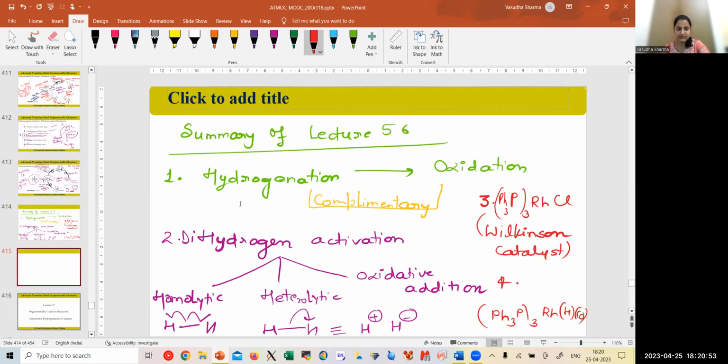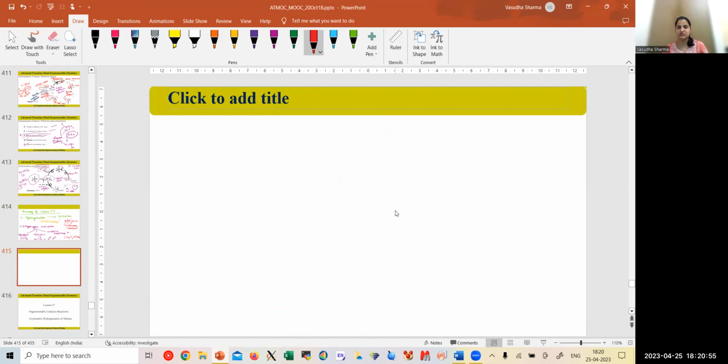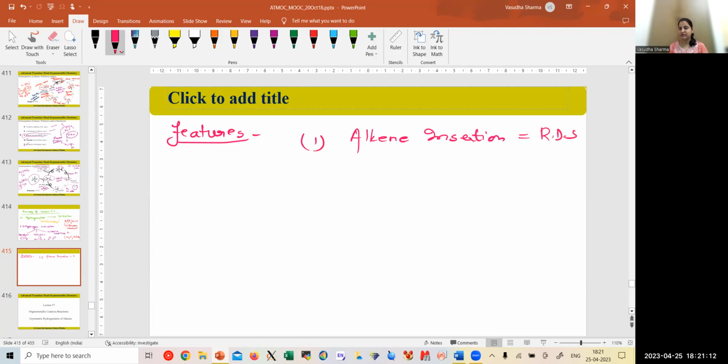Also, besides this, there were some features, for example, the features in the Wilkinson catalyst. Firstly, that alkene insertion is your rate determining step. That means it is the slowest step. That's why we can determine the rate of the reaction from the slowest step.